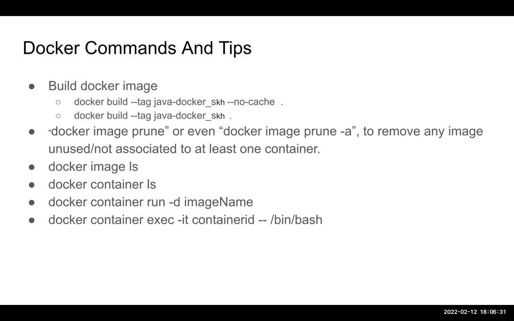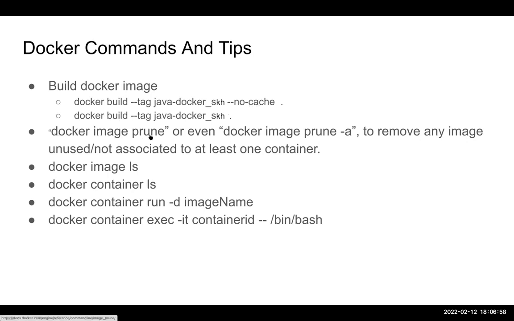Then if you don't use no cache, what it will do is whatever layers it had built with the commands which are not changed, it will use those layers. And then for the new commands that have been added, or the existing last commands that have been changed, it will build a new layer only for those and create an image out of that. But if you do no cache, then it will not use any of this. It will build everything afresh.